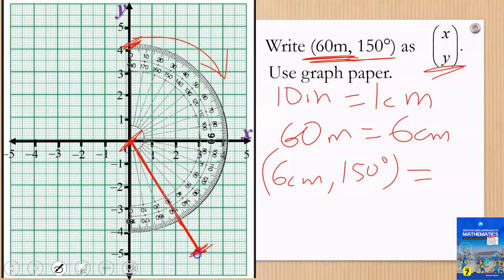In my case, assuming that the 6 centimeters ends here, I will trace this value to the y-axis and to the x-axis. Coincidentally, our answer comes again as (3, -5). And so the value of this, from magnitude bearing form to component form, is (3, -5).